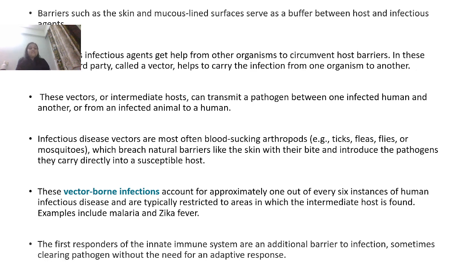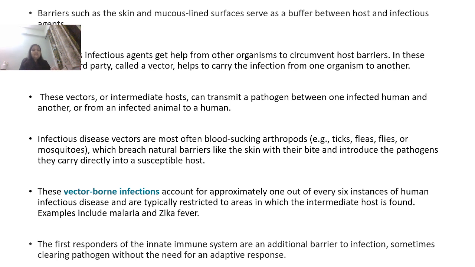As you can see, in every 6 persons, there is one person who is affected by vector-borne infection. Sometimes it is not that serious, but if it is serious, it can even cause death at its extreme level, for example in malaria or dengue, which are very common in our tropical countries.